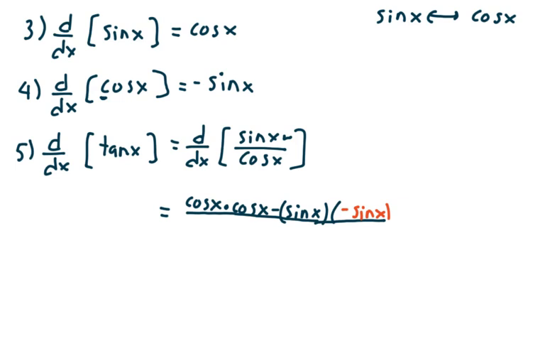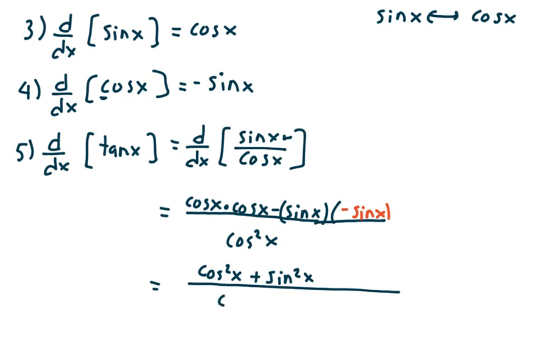And then I'm going to take that whole thing and divide by cosine squared x. Now, this is cosine squared x. A negative times a negative is a positive. So I'm going to add sine squared x. I'm going to divide it by cosine squared x. But cosine squared x plus sine squared x is equal to 1. And so this is 1 over, let's remind ourselves, cosine squared x.